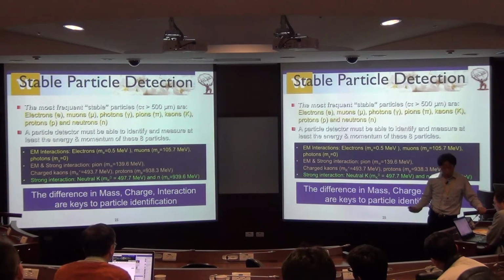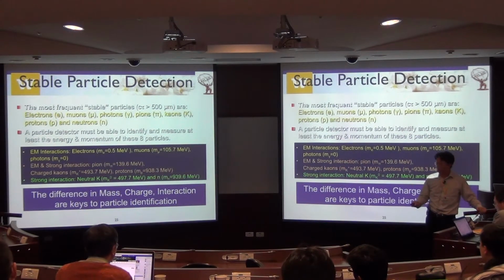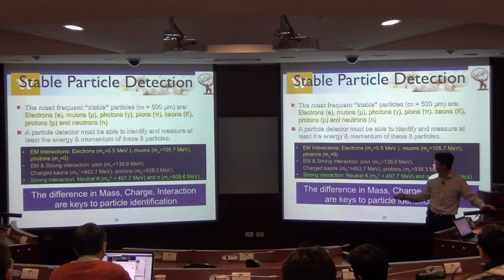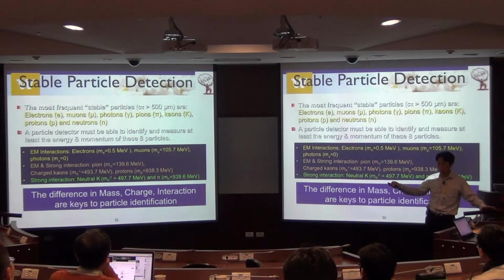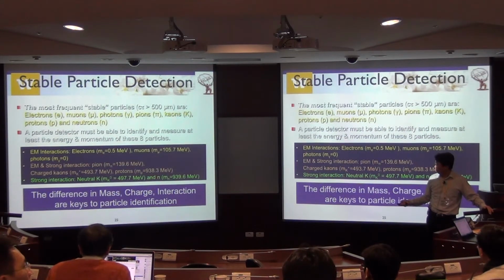So what are those particles? Electrons, muons, photons. These are the typical particles we are quite familiar with. And then also pions and so on. These are particles that we can detect and consider to be stable particles.